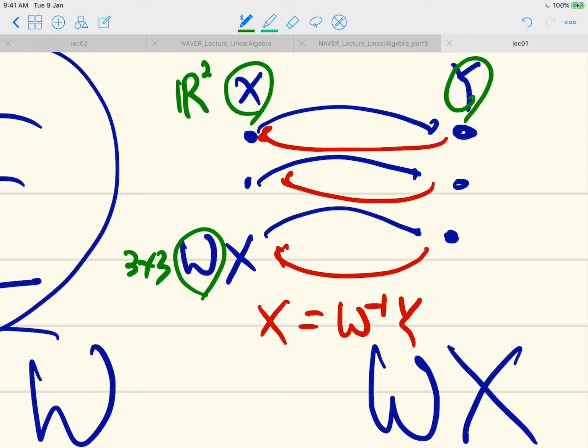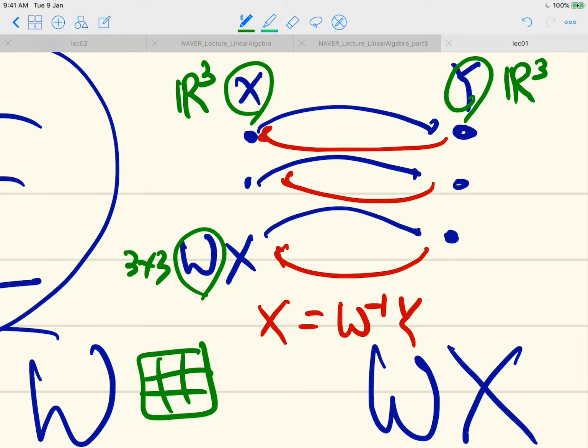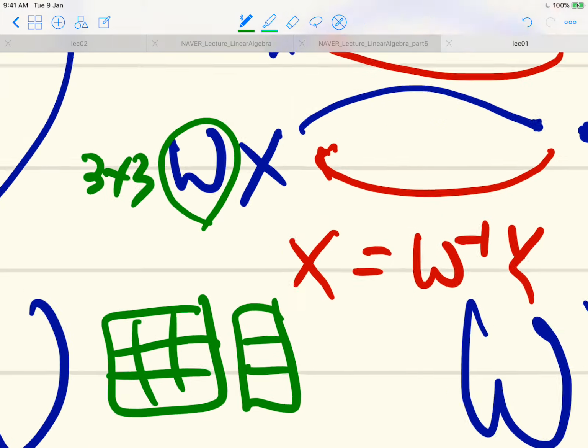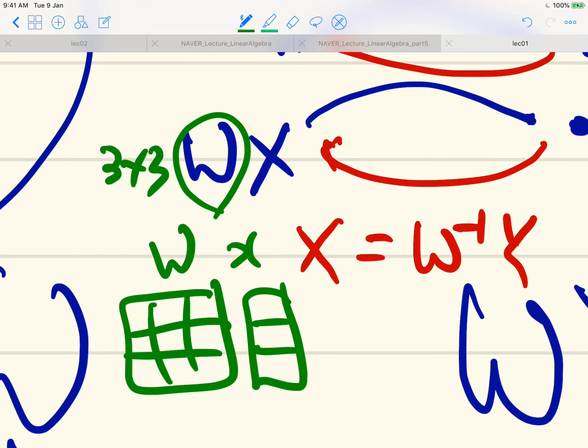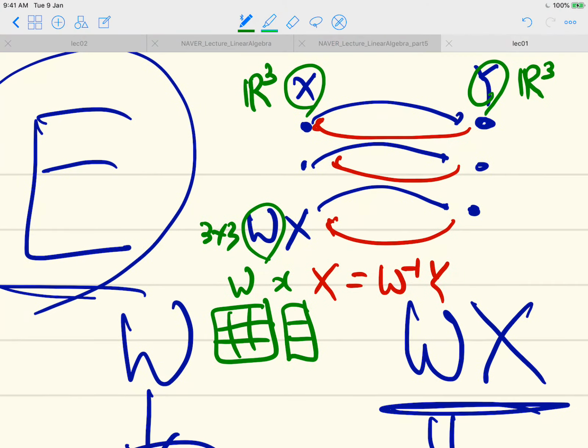It is a 3-dimensional vector, and the output is also a 3-dimensional vector. So it is a 3 by 3 matrix W and input vector x, right? In this case, how can we achieve the one-to-one mapping? When can we not achieve the one-to-one mapping?